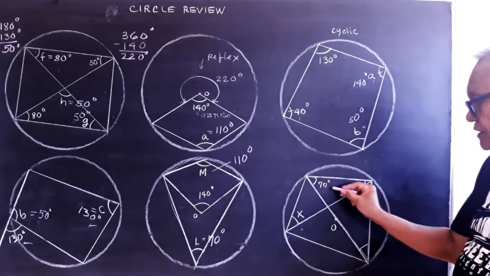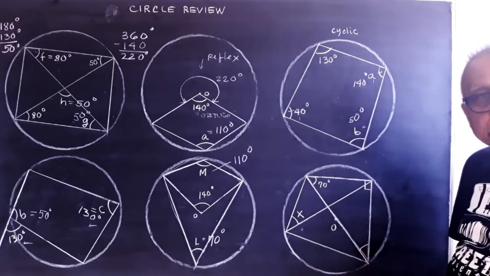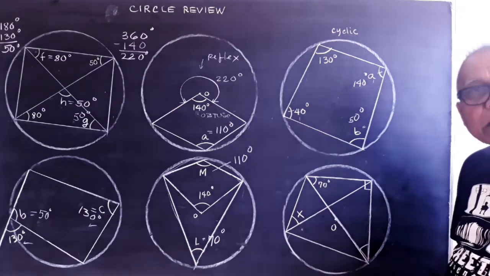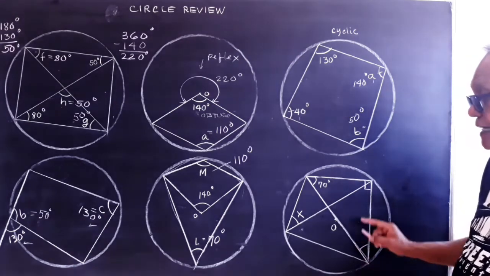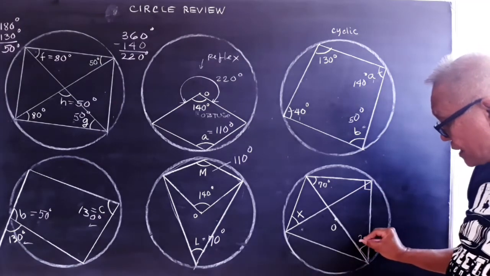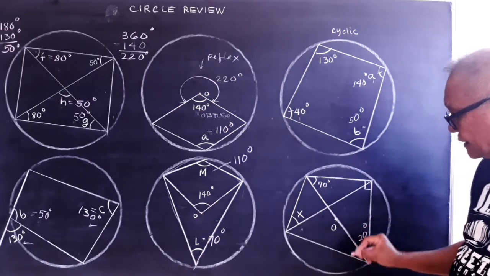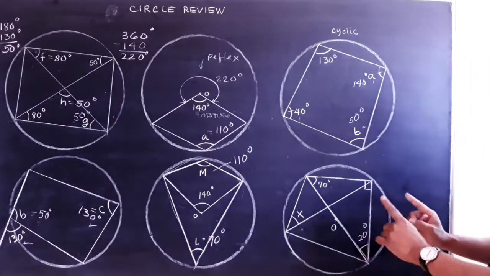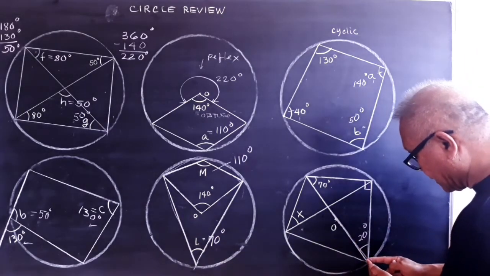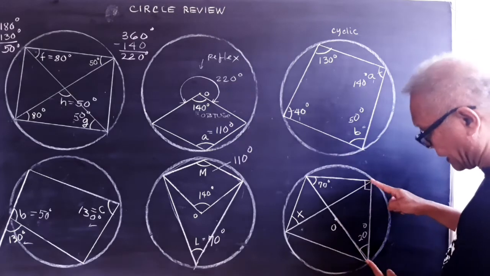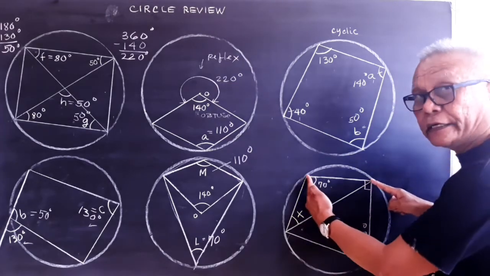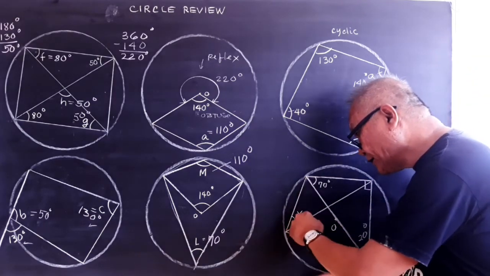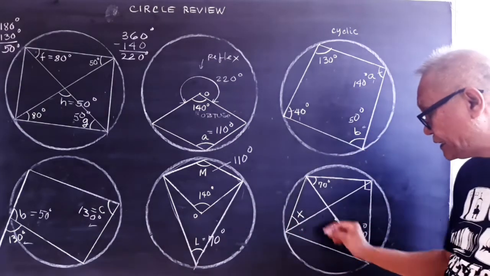We just subtract 70 from 90 degrees, because the sum of these two acute angles is 90 degrees. So 90 minus 70, this one is 20 degrees. Now you can trace it, so the 20 is here, there, and then there. Therefore, the value of X is 20 degrees.